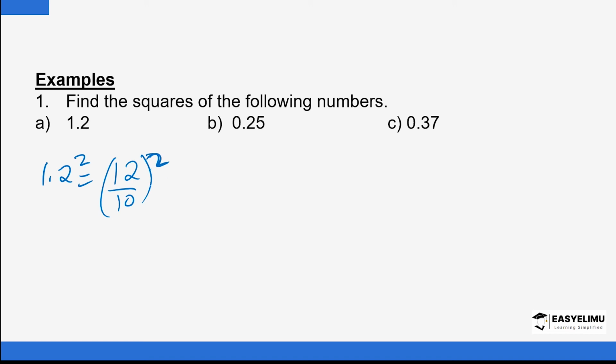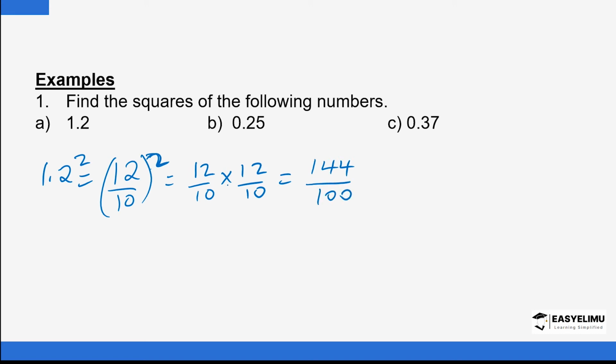When you are talking about squares of whole numbers, when we have a fraction, both numerator and denominator are squared. So this is going to be 12 over 10 times 12 over 10. So 12 by 12 is 144, and then you divide by 10 by 10.